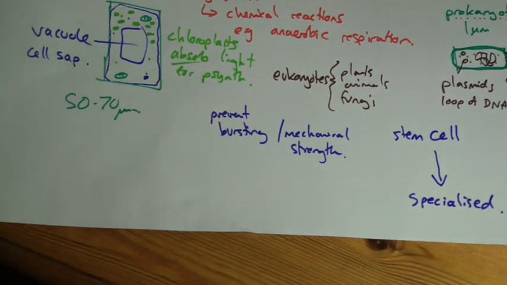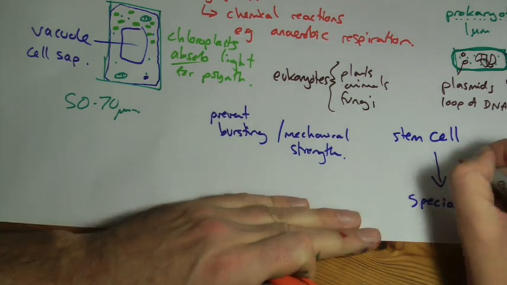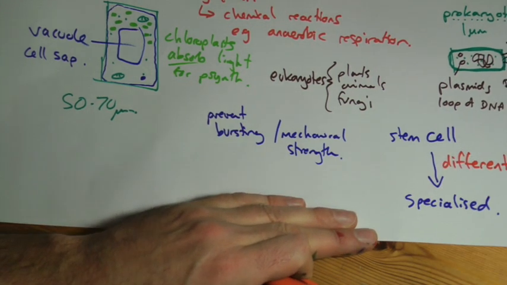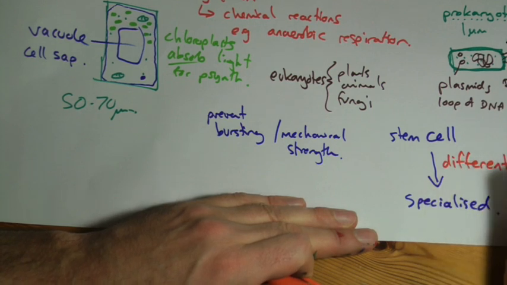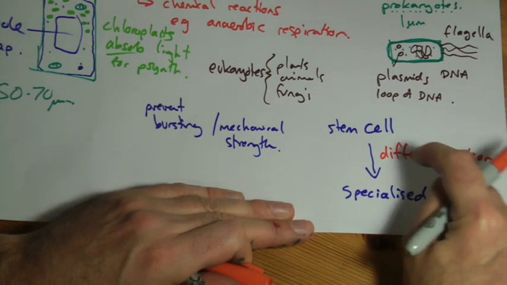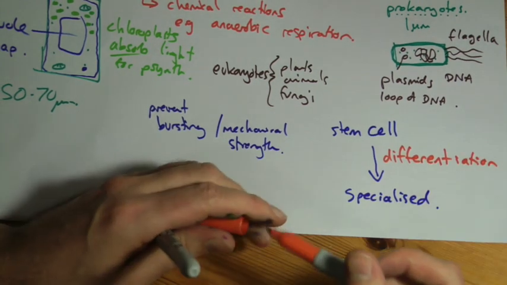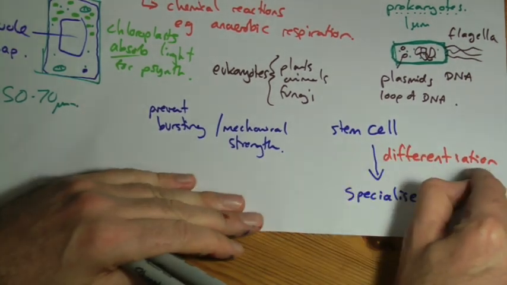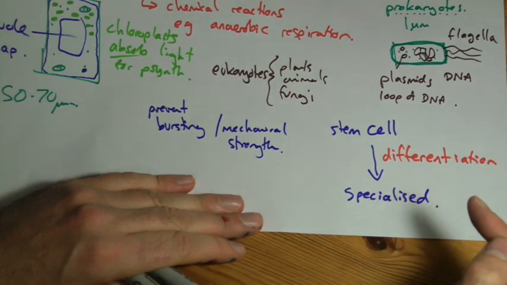The process where it becomes specialized is called differentiation. So differentiation, that's the process. Okay, and sometimes people mix these two things up, so that cells undergo differentiation and become specialized.